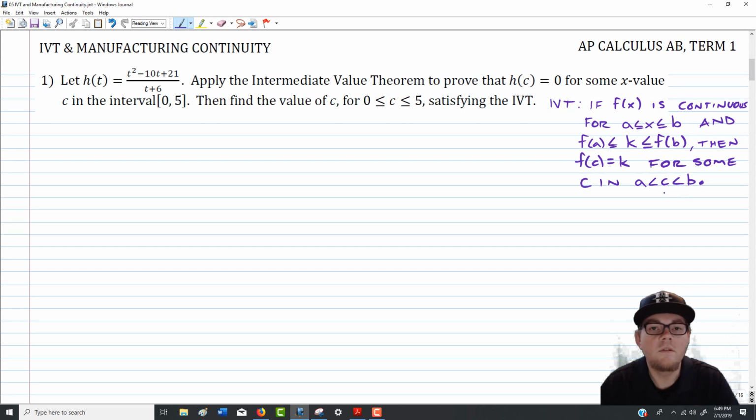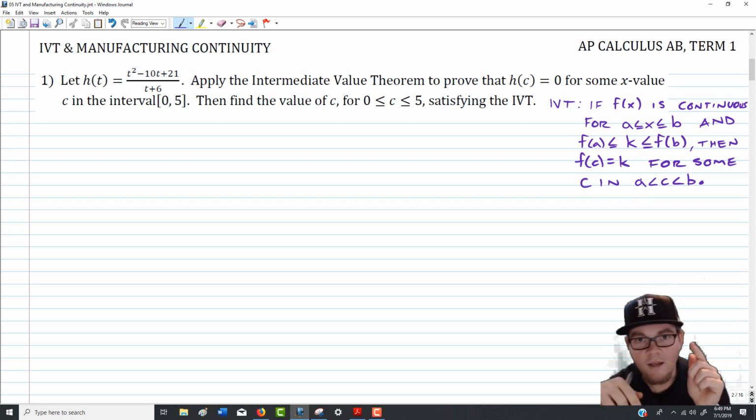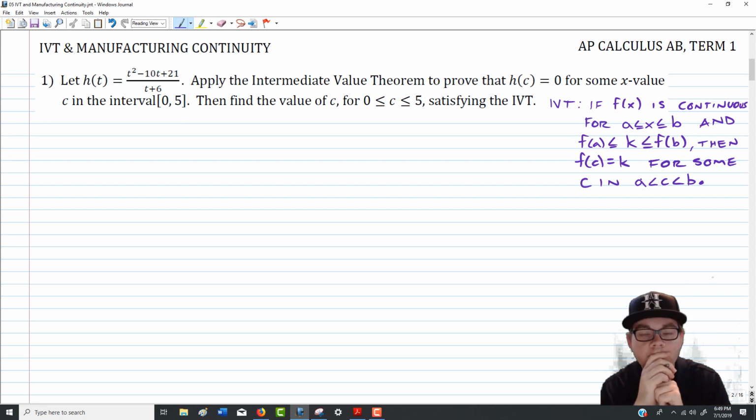So basically what this is doing is it's guaranteeing us that there is an x value that has a particular y value. And it does so by asking for two things: continuity on the interval that we're interested in, and boundedness of those endpoints. Whatever y value we want to prove is there must be bounded by the left and right endpoints. It could be the right and left endpoints as well, it doesn't really matter.